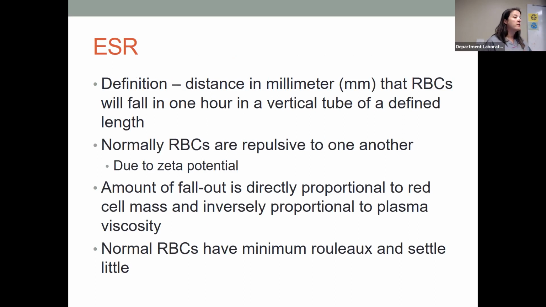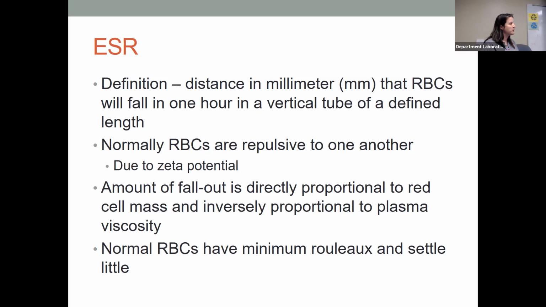We're not thinking about the total amount of cells, we're thinking about the size of the cells. So if you have large cells present, macrocytes, then you're going to have an increased ESR. If you have microcytes, small cell size, you're going to have a decreased ESR. So it's directly proportional to the red cell mass, inversely proportional to the plasma viscosity.